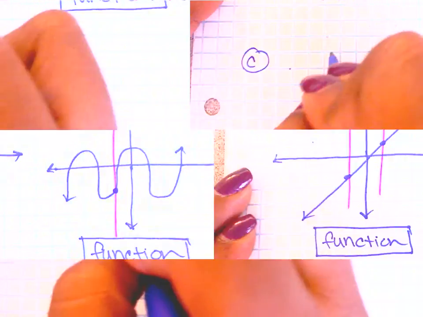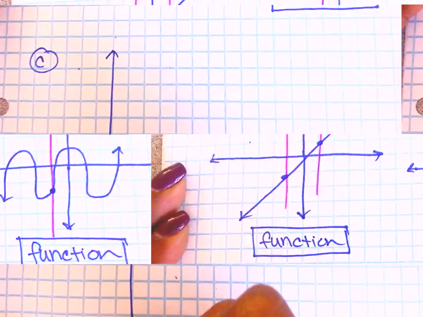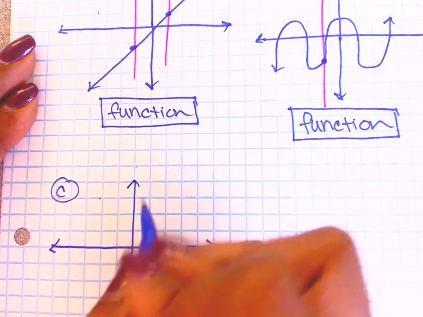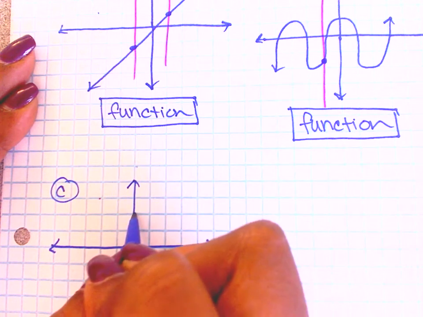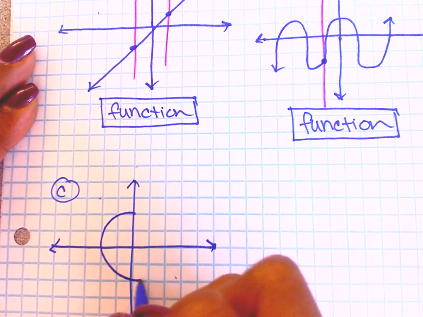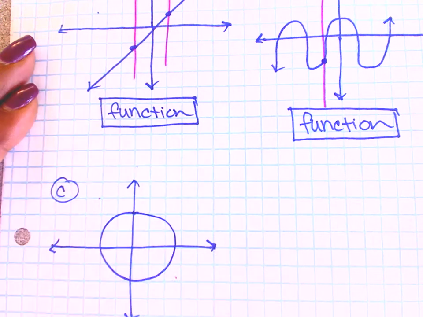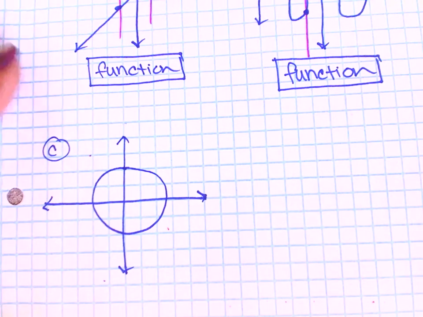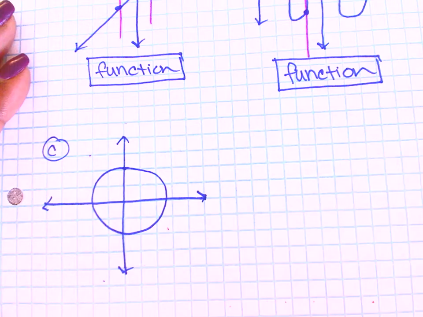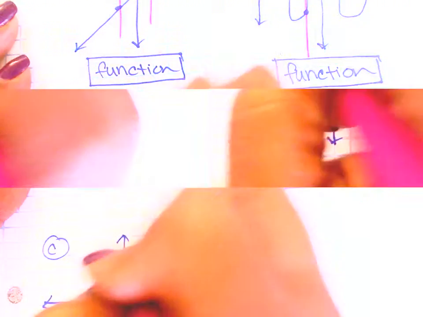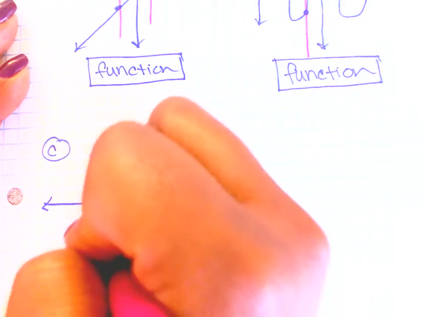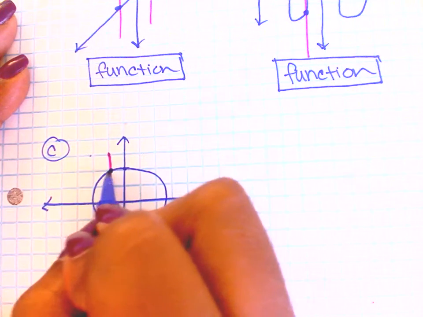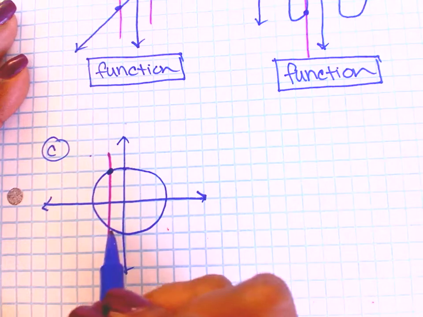let's try this graph. So my graph's a circle. Now I'm going to do my vertical line test. I'm going to go right about here. I look at it, it touches the line here, and it touches the line here.